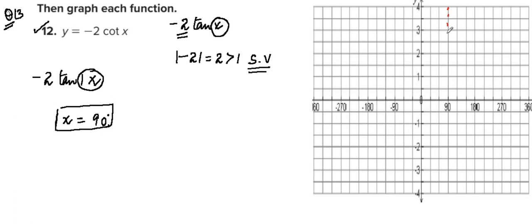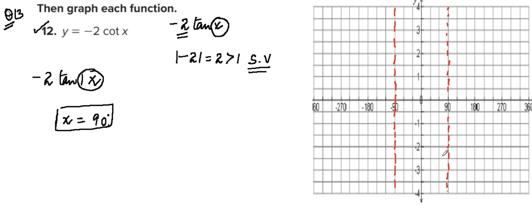One side is 90. And on the second side we have minus 90. This is minus 90. So what is the difference between these two? 90 and minus 90, 180.